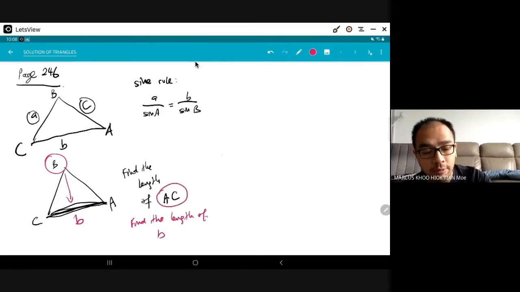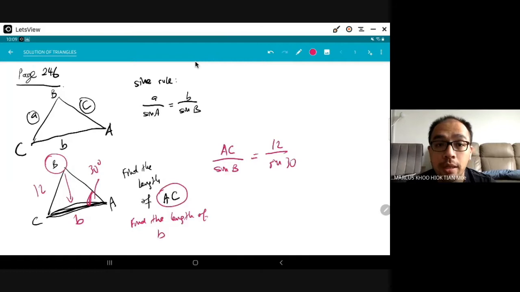So let's say for example, AC over sine B equals, let's say this angle is 30 degrees and this one is 12. So 12 over sine 30. Usually that's how we will do this.